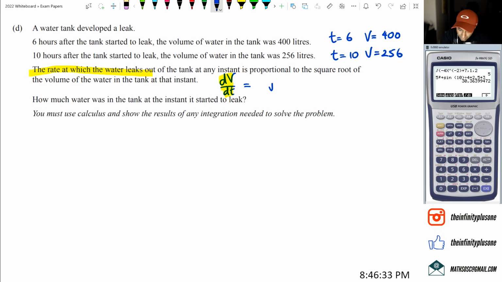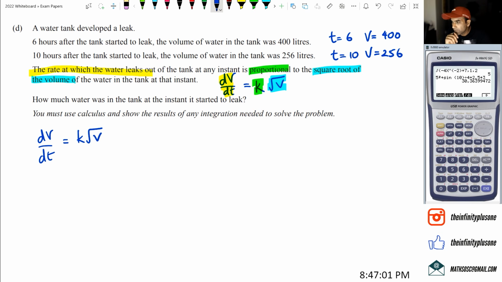So we know we're going to get the square root of volume, but it's proportional, which means there's some constant, and we don't know what that constant is. So that proportional part is where the k comes in, and the square root of the volume is where the square root of V comes from. So we have our differential equation: dV/dt is equal to k square root of V.